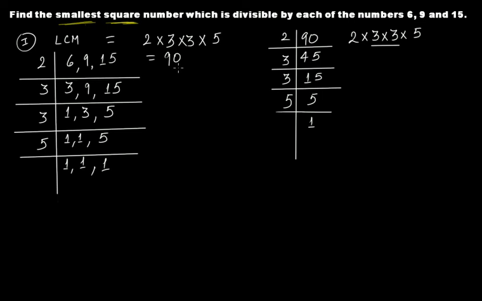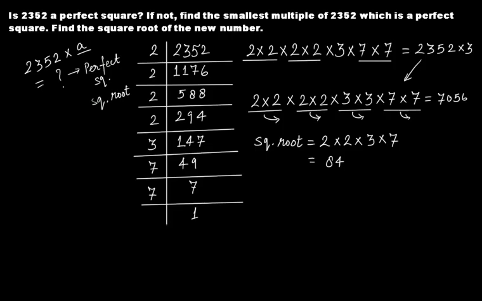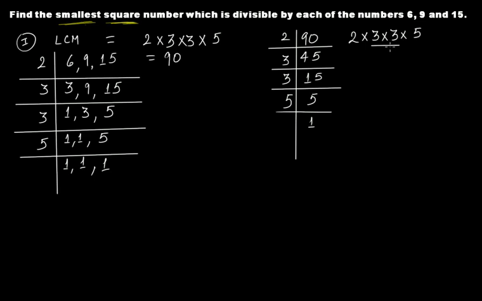But if you look at this number and see what we have actually done in this problem, it's something similar to that one. This is 90. What can we do to this number so that it becomes a perfect square number, right?